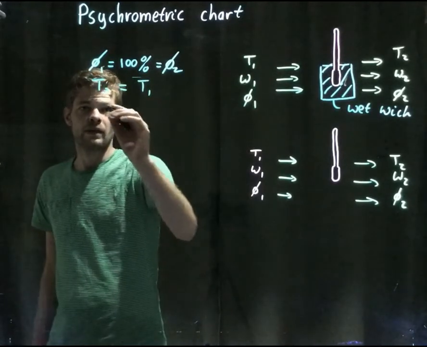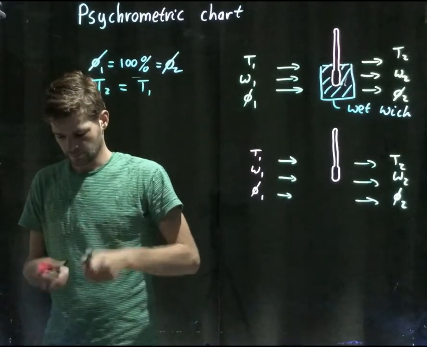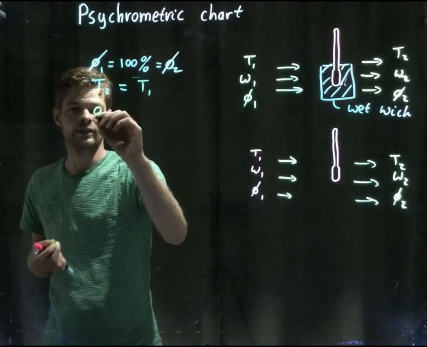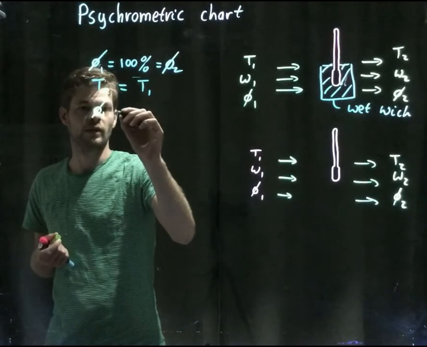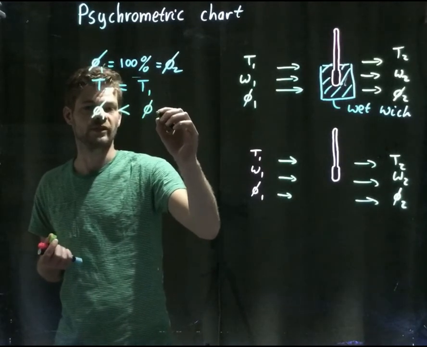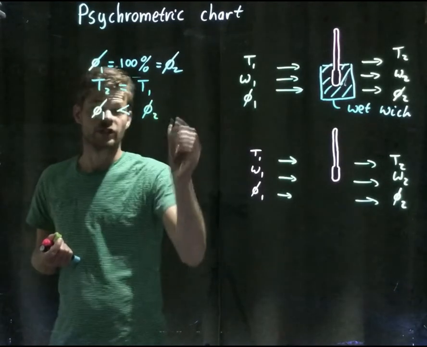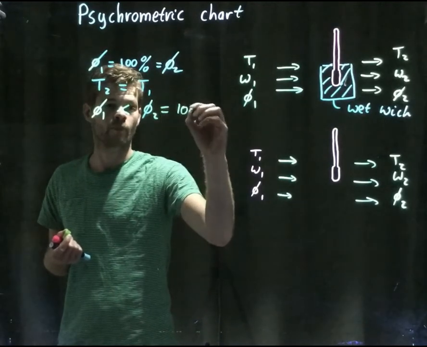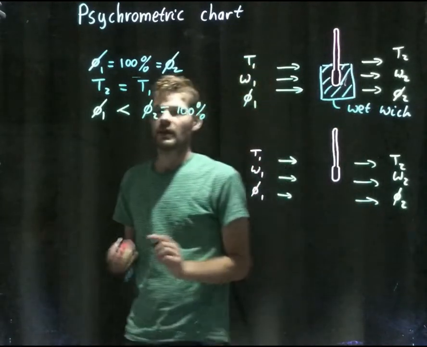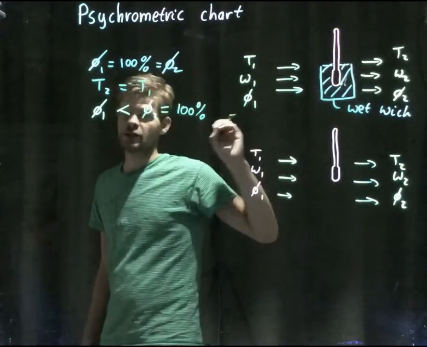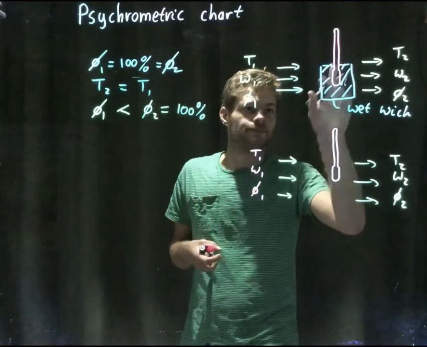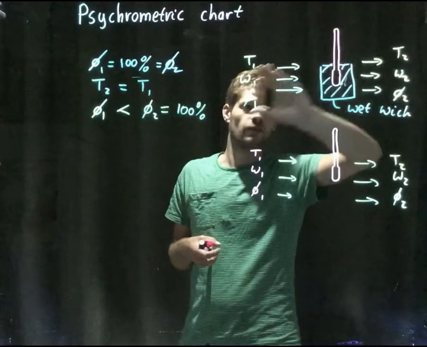But if the relative humidity of flow 1 is smaller than the relative humidity of flow 2, which is 100%, the flow is saturated after passing the wet wick, then we know that some energy has been consumed, has been used to evaporate the water into the air that is flowing around here.